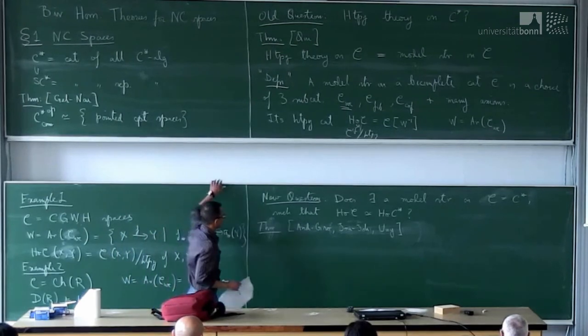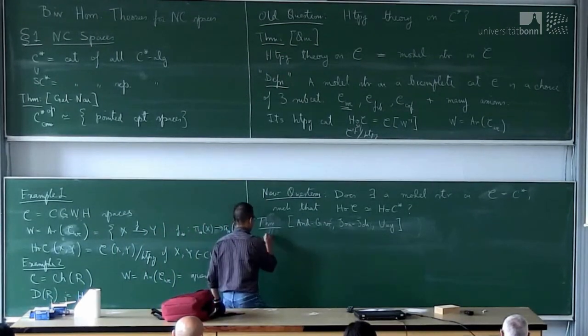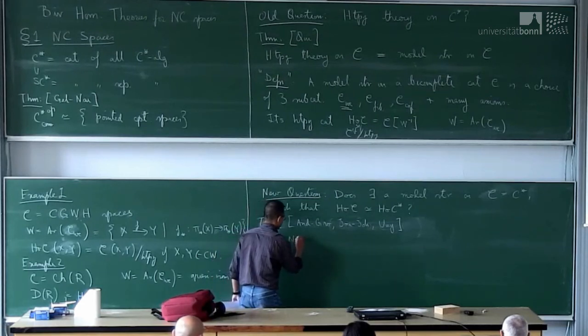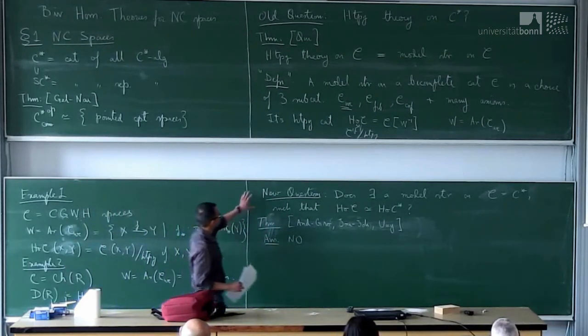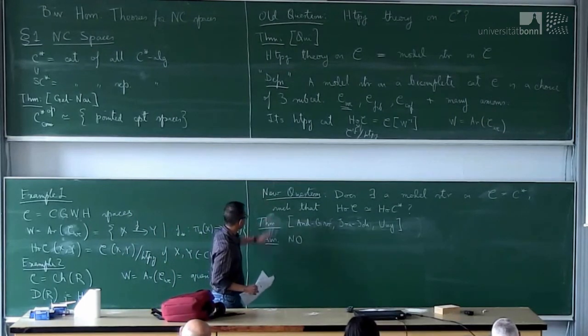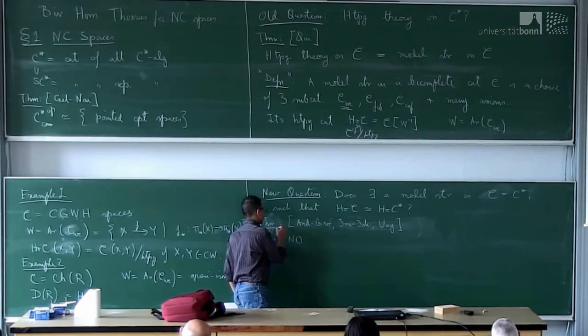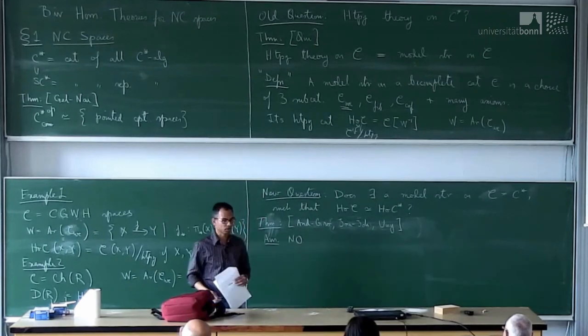So the answer turns out to be no. And this means that the question is nice, but you really have to do something about it. In this way, you cannot solve the problem.